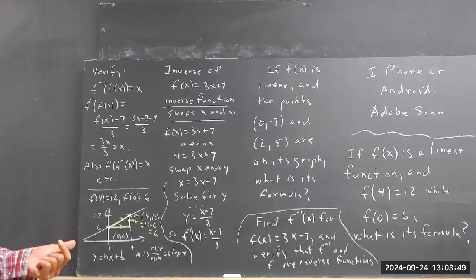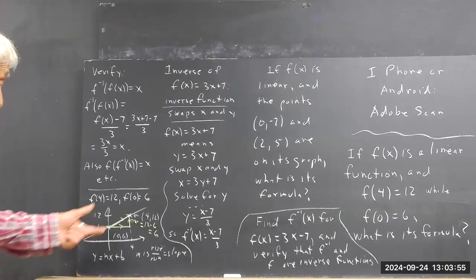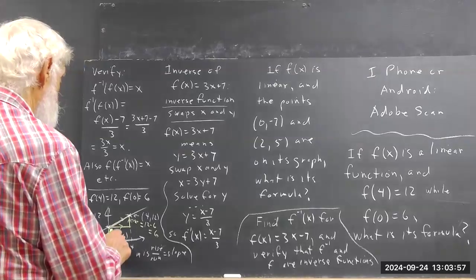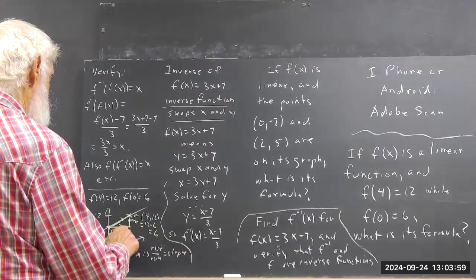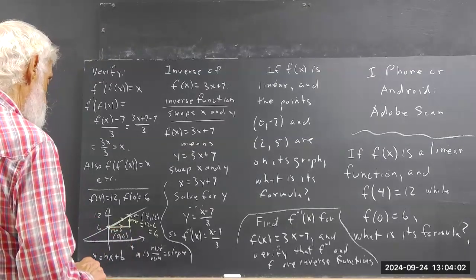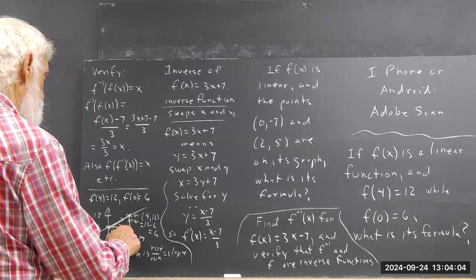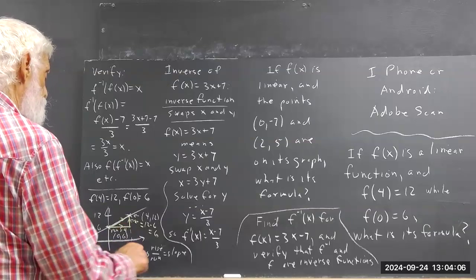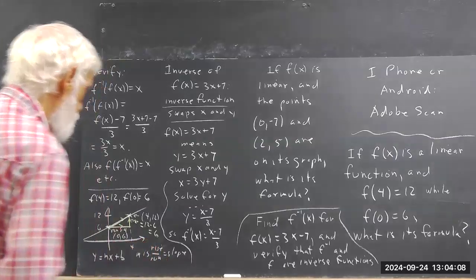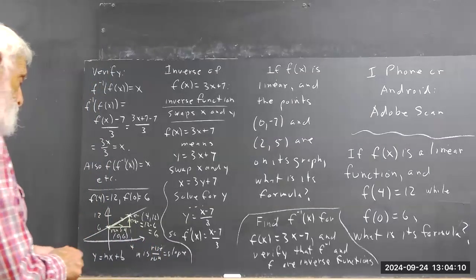Did we do that in class? If we didn't, then you should say more about it. Okay, so anyhow, we use this triangle and we get the run, and that's 4 minus 0. That's 4. So the slope is 4 and the y-intercept is 6.